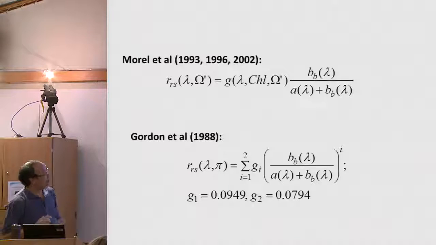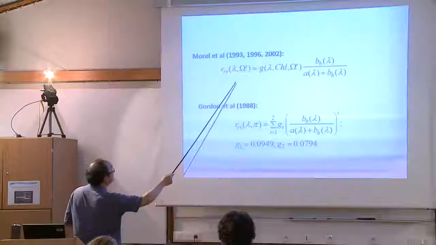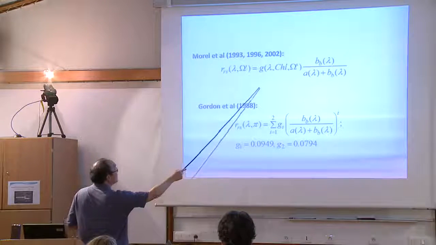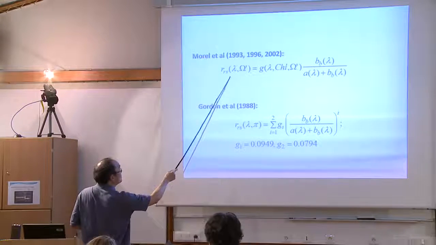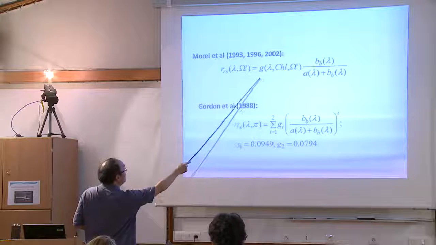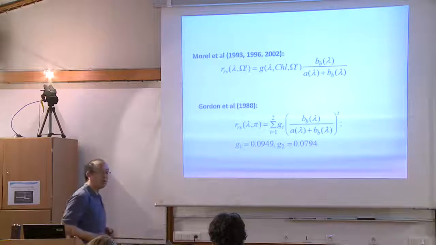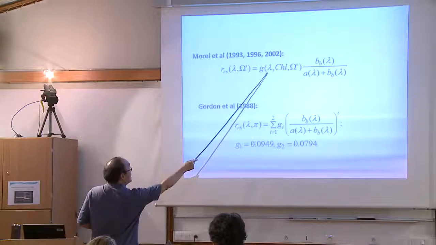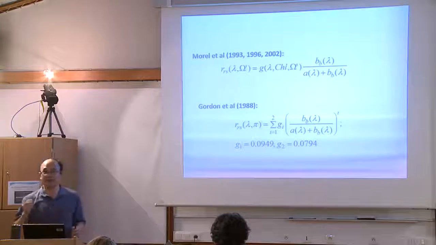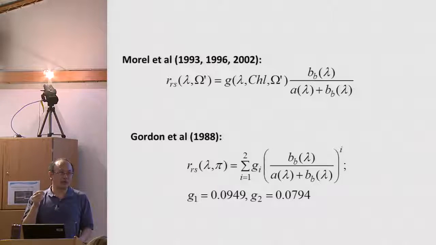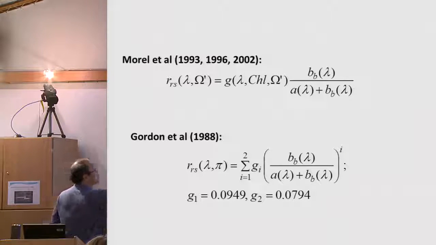There are also approaches using lookup tables. That's Morel's lookup tables. Also, it's a remote sensing reflectance. It describes bb over a plus bb with this G, tabulated for different wavelengths, different chlorophyll, and different angles. So if you know the angle, the chlorophyll concentration, and the wavelength, then you have this G number.